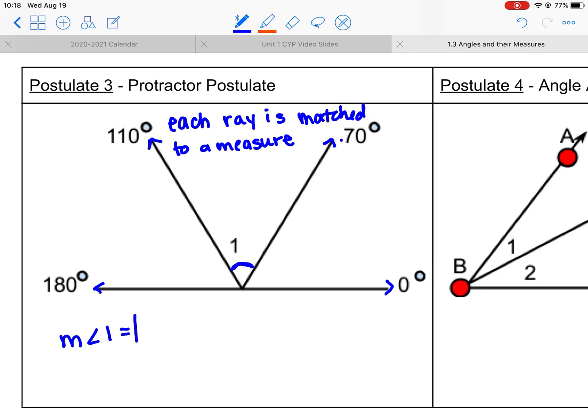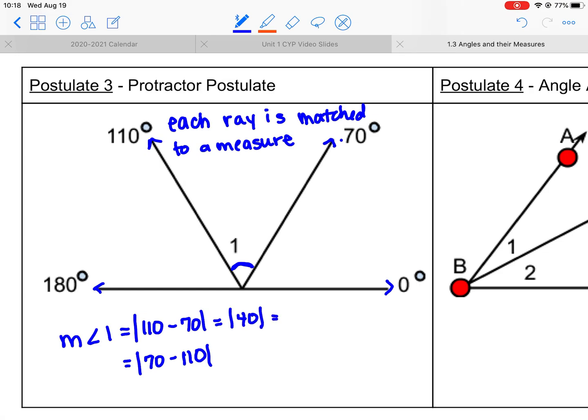So I'm going to do the absolute value, and I'm going to use one measure. So I can do the 110 minus the 70. Or I can do it the other way and I'll get the same answer since I'm using absolute value. So 70 minus 110. So no matter what, this is going to be the absolute value of 40.